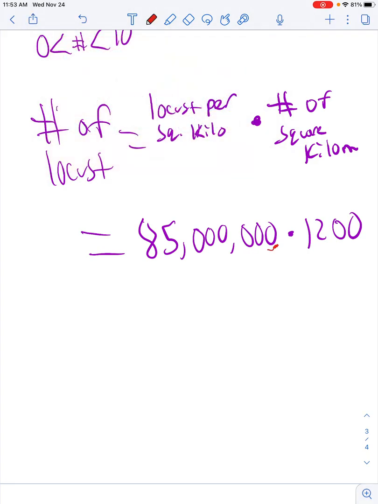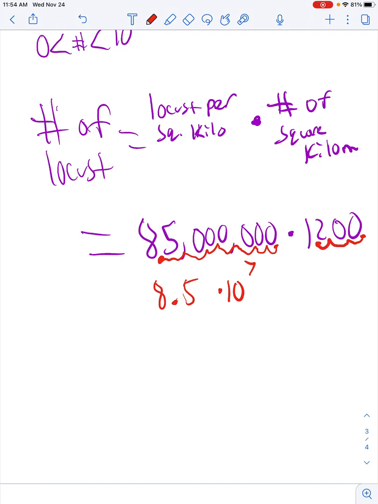If I moved it 7 places over, I could get a number that would be 8.5. So I'm going to call this 8.5 times 10 to the 7th power, because I need to move that decimal over 7 places. And then I'm going to rewrite this one as 1, 2.